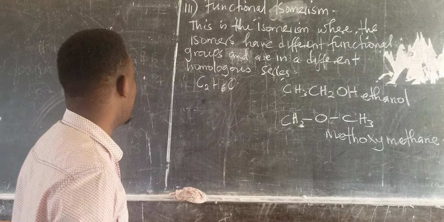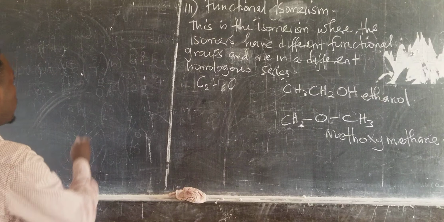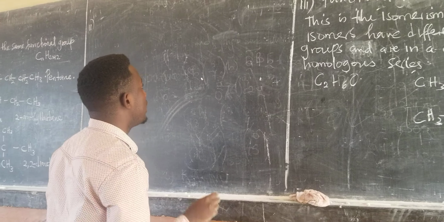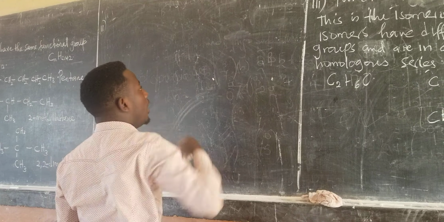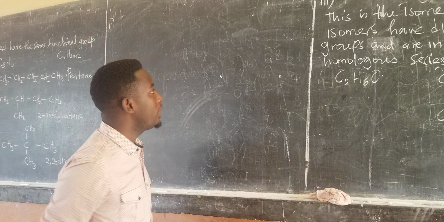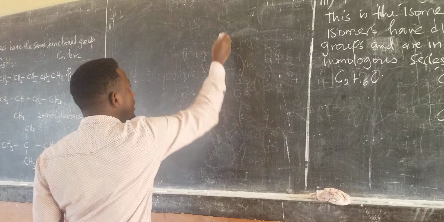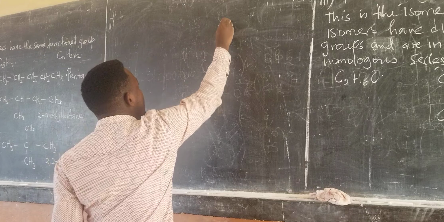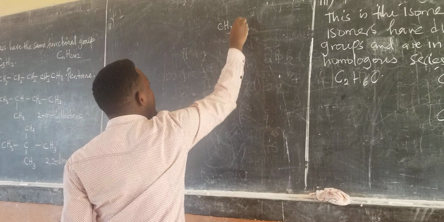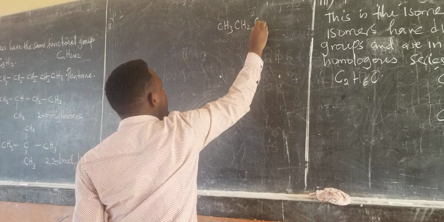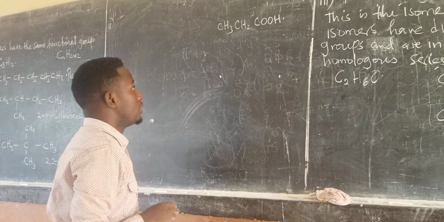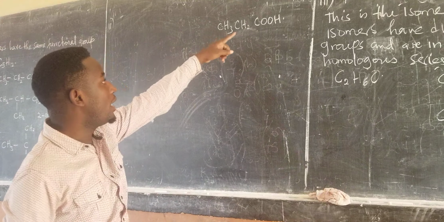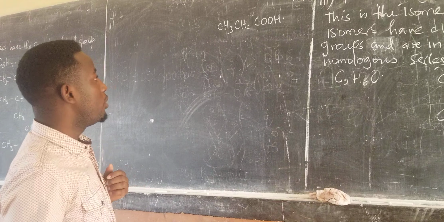A good example I can bring is propanoic acid. Propanoic acid is CH3CH2COOH. When you look at that one, what would the molecular formula be?